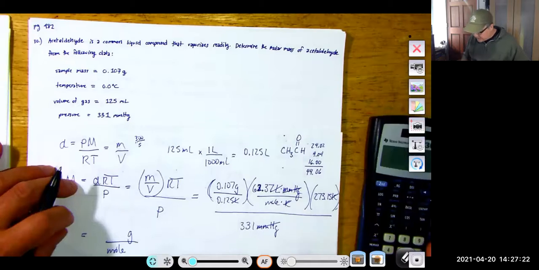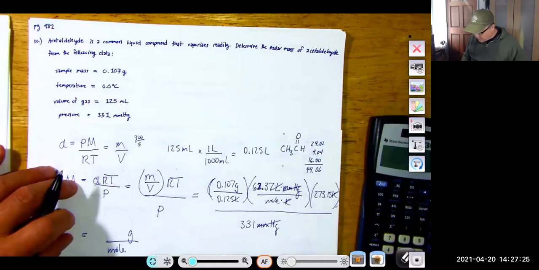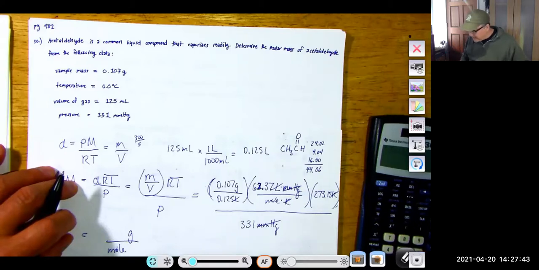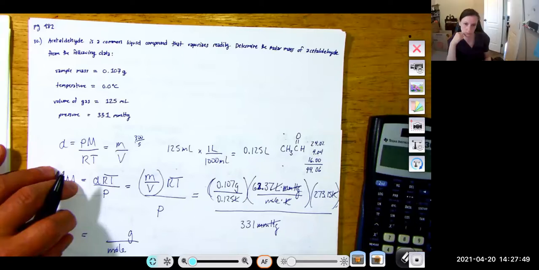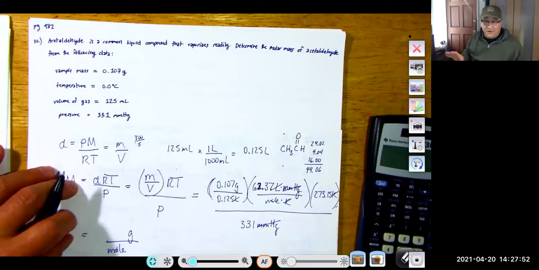Now, how am I going to put these into my calculator? I'm going to do 0.107 times 62.37 times 273.15 divided by 0.125 and divided by 331. And I can see I had a problem there. I did 3,331 and I knew I'd get the wrong answer.